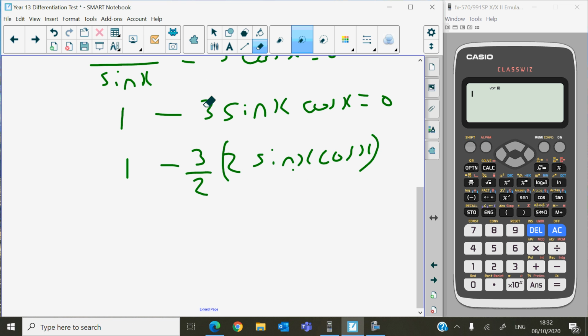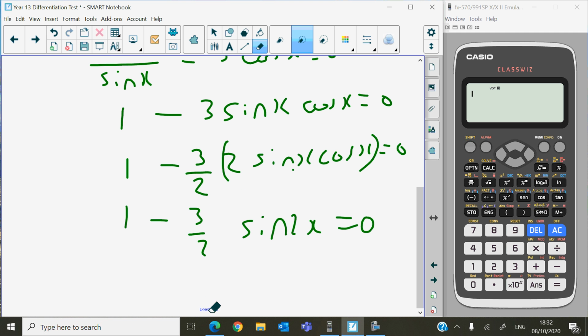Because think about it. If I started with what I wanted, 2 sine x cos x, divide by 2 and times by 3, I've got what I actually have. So I know that what I've got there is 3 over 2 loads of that. Well, that's great, because now I can say that's 3 over 2 loads of sine 2x.